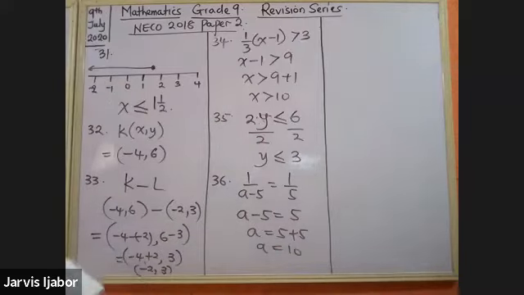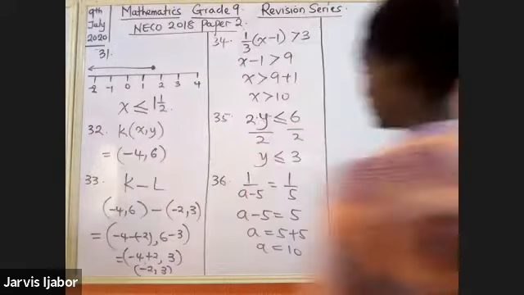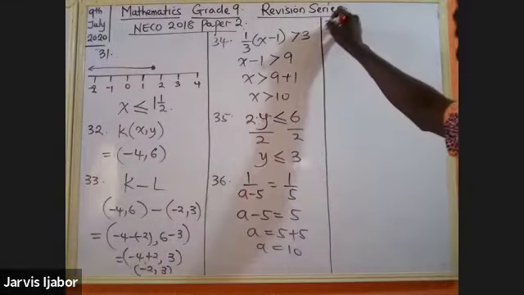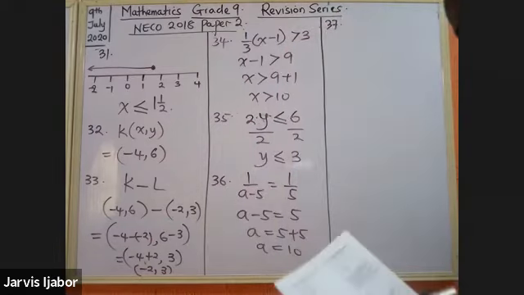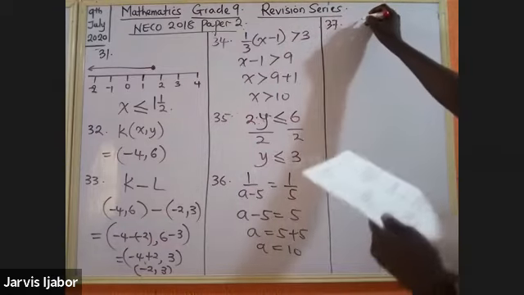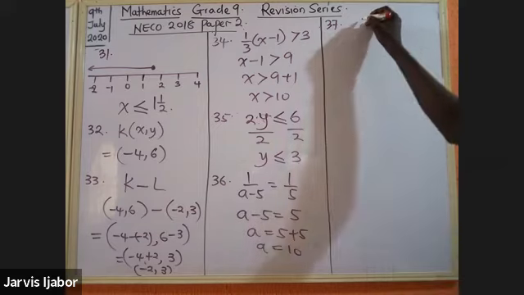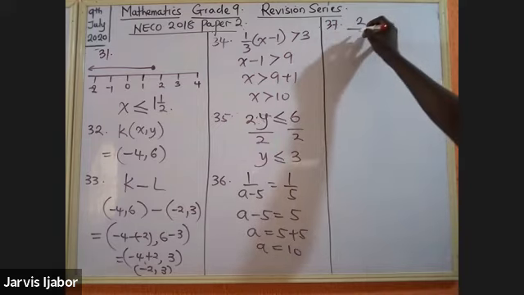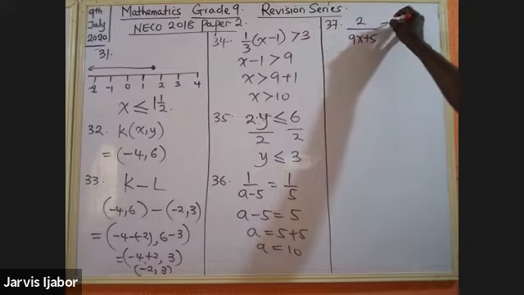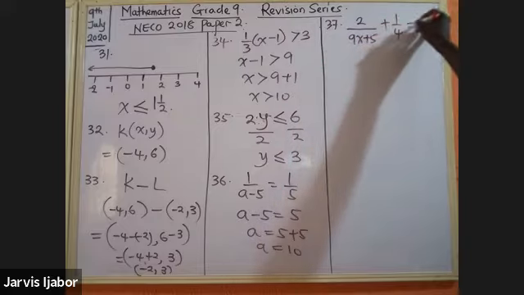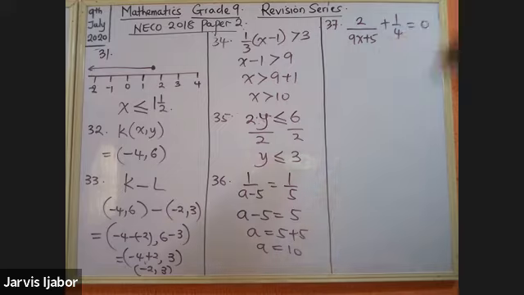So you see that the questions are getting very, very interesting now. Let's look at question 37. In question 37, you have that, is that 2? Please confirm for me, is that 2/(9x plus 5) plus 1/4 equal to 0?